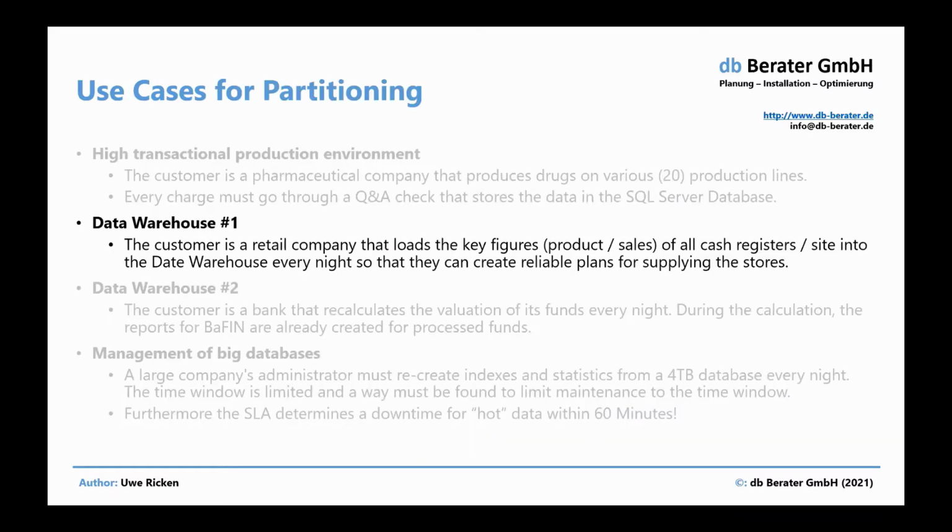The second one was really interesting. Okay, here it is very hard simplified. The customer is a retail company here in Germany. And one of the biggest issues with them is the following situation.